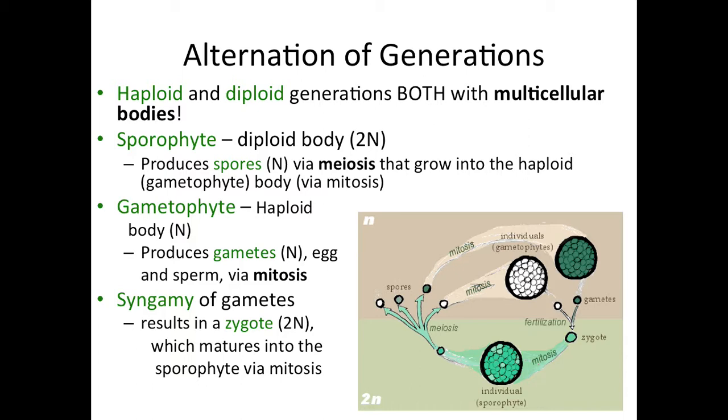The different gametes, the egg and the sperm, are going to combine by fertilization or by syngamy. They're going to fuse, and that's going to result in the zygote, which is a diploid cell. The zygote is going to divide by mitosis to produce a new sporophyte body. And that's the entire cycle of the alternation of generations.